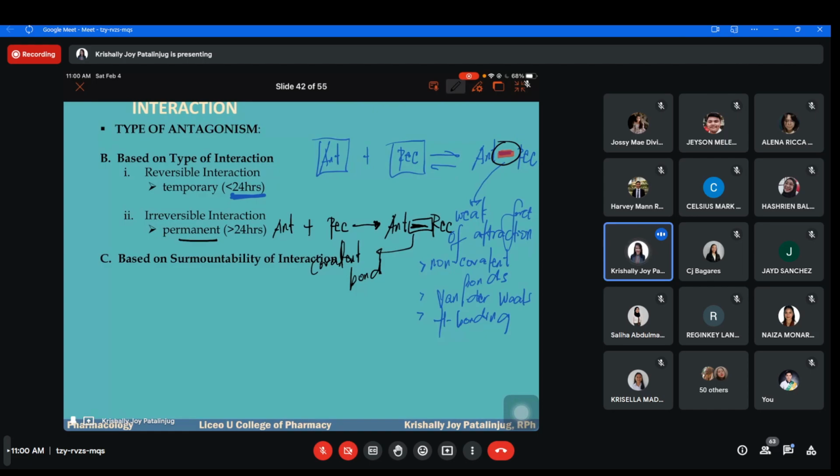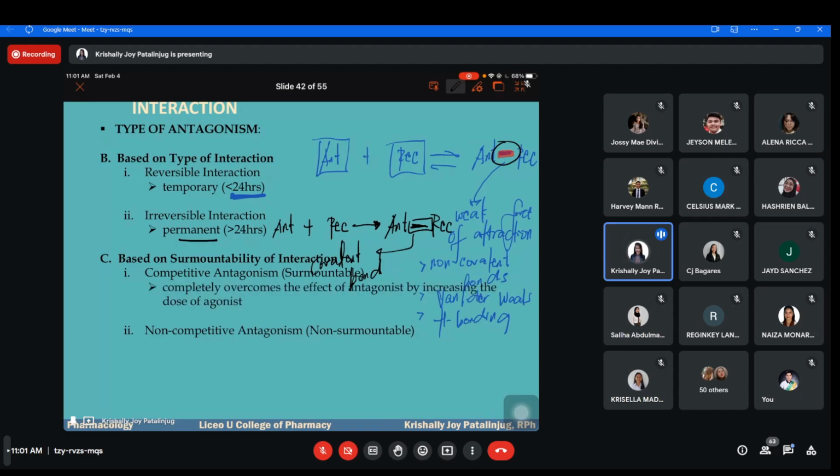Okay, then lastly, we have based on surmountability of interaction. Okay, so we have two also under this, the competitive antagonism or the surmountable and the non-competitive antagonism. It's also easy to understand this concept. Kapag competitive antagonism, meaning surmountable yung effect ni antagonist.